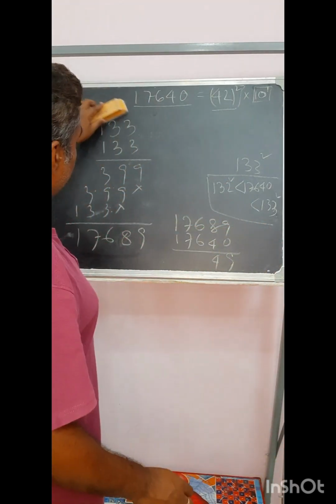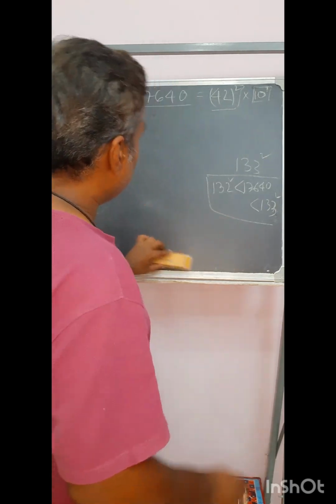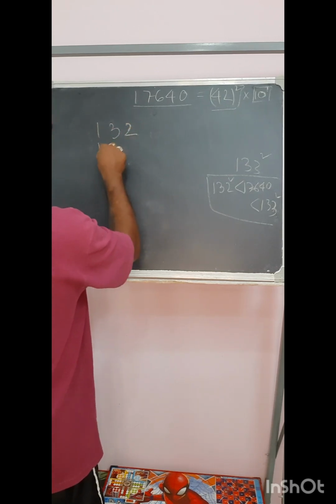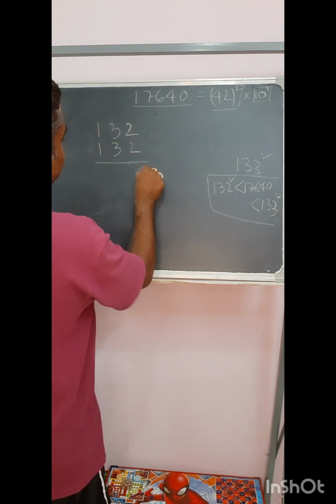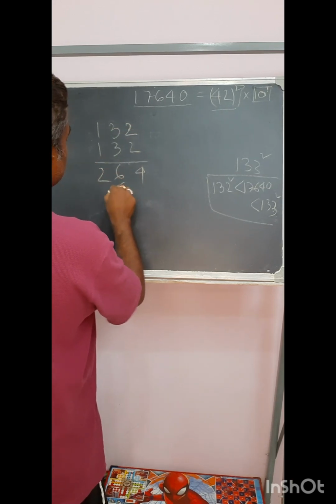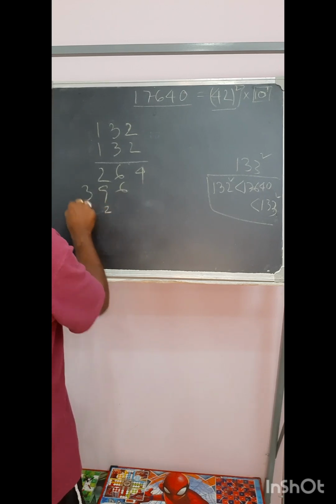And what would be the number to be deducted to form a perfect square? Your answer should be 132 squared. If you expand it, I will get 4 6 2 6 9 3 and then 2 3 1.